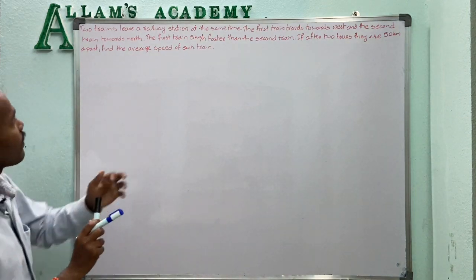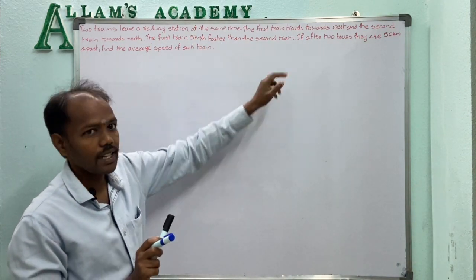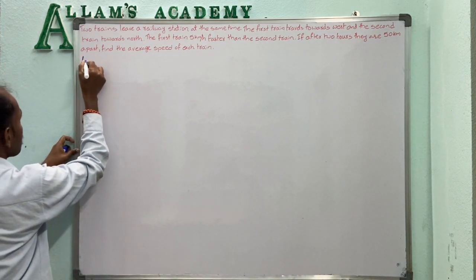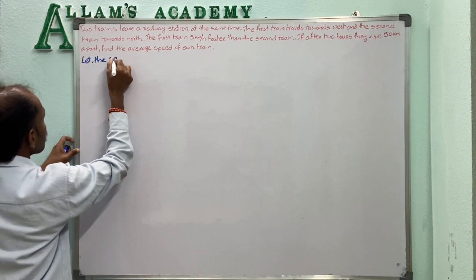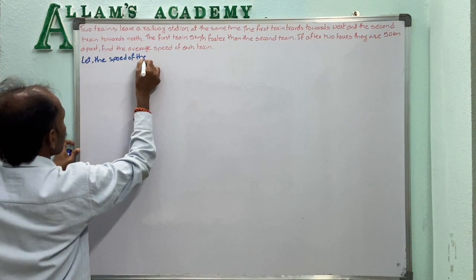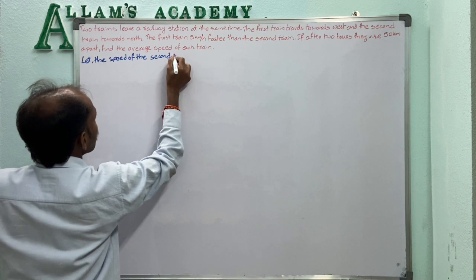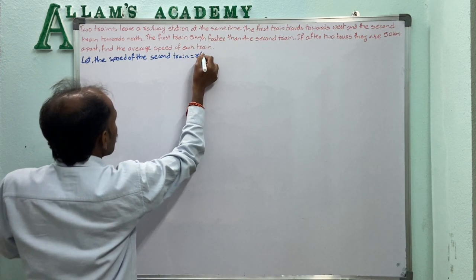So here, given that the first train is 5 kilometers per hour faster than the second train, for that purpose let the speed of the second train be x kilometers per hour.